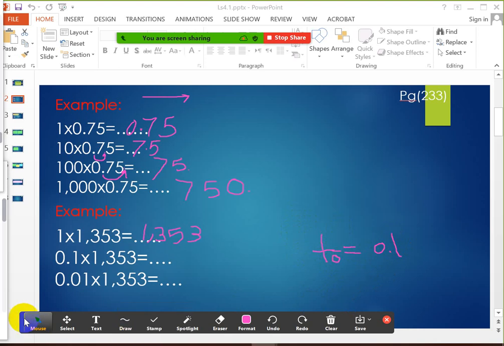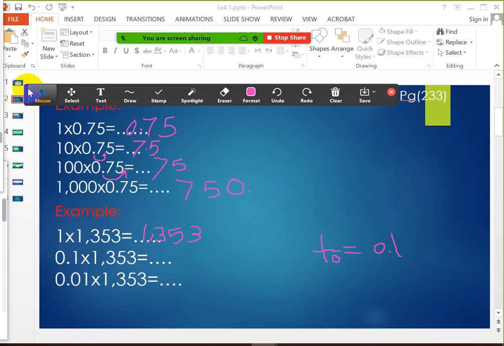So if I want to multiply 1353 with 0.1, that means you have to multiply this number with 1 over 10. And that means you have to divide this number by 10.